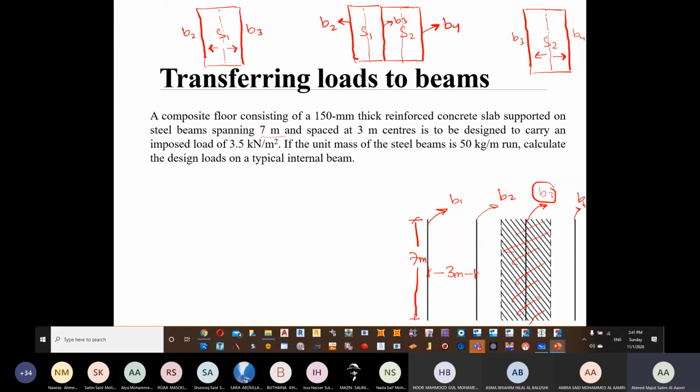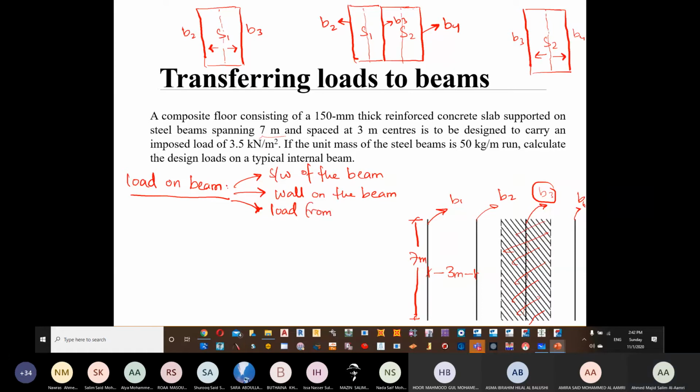The load on the beam will consist of three things: self weight of the beam, wall, if there is any wall on the beam, and then load from the slab. We'll try to draw the cases.